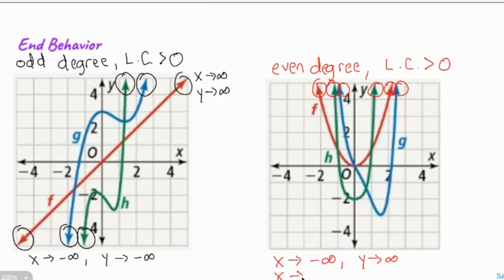And then for x approaches infinity, y approaches infinity, because again, they're going up. So again, a super fancy way of saying as x goes to the left, y goes up. As x goes to the right, y goes up.